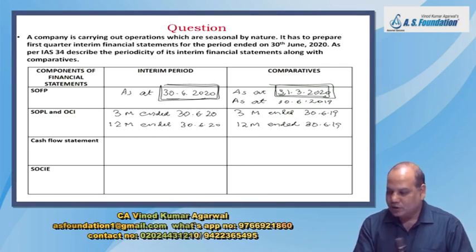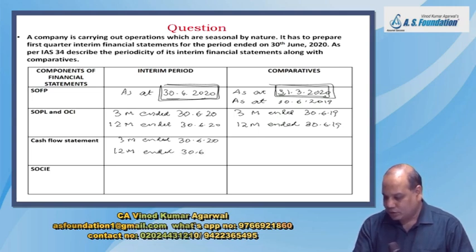This is the first quarter, it covers 3 months. Cash flow statement will be from the beginning of the year till the end of that interim period. 3 months ended 30th June 20, 12 months ended 30th June 20.